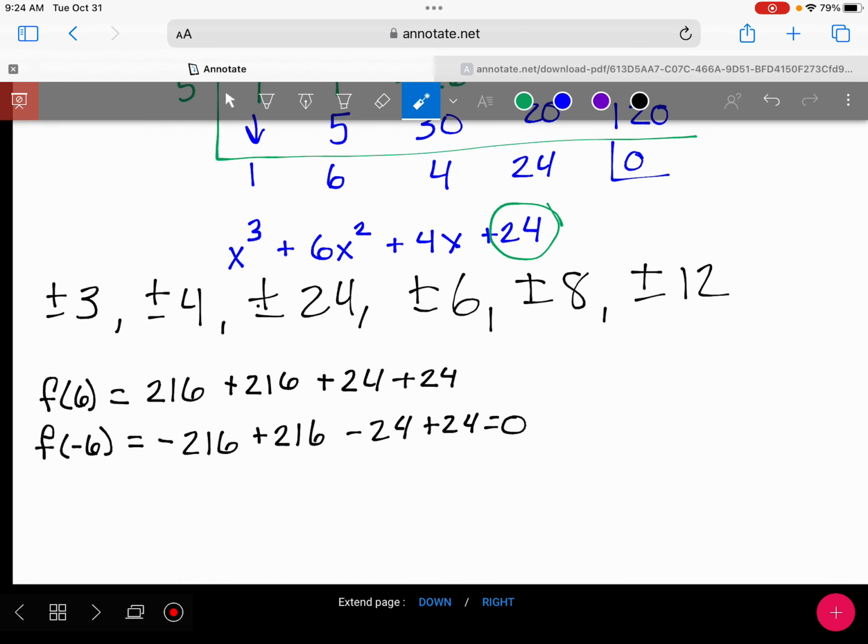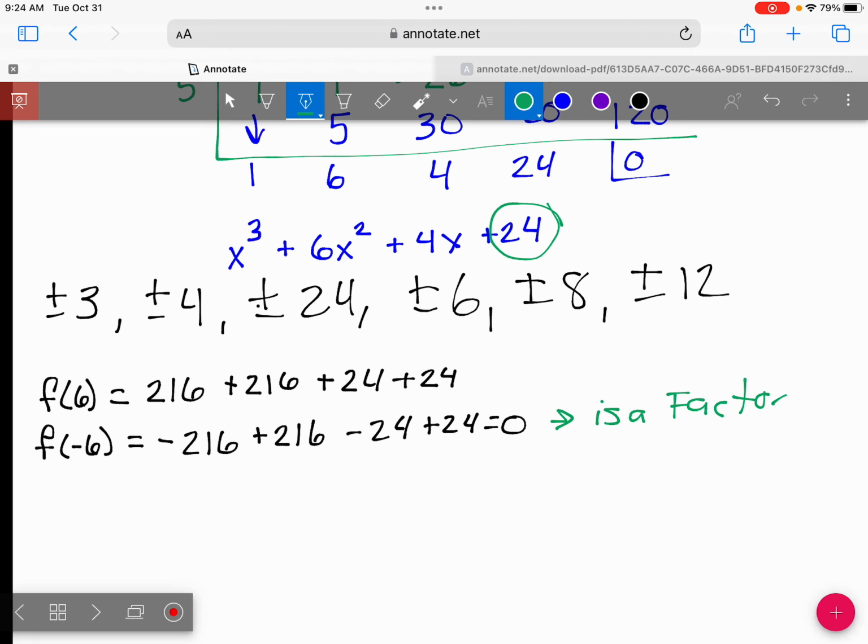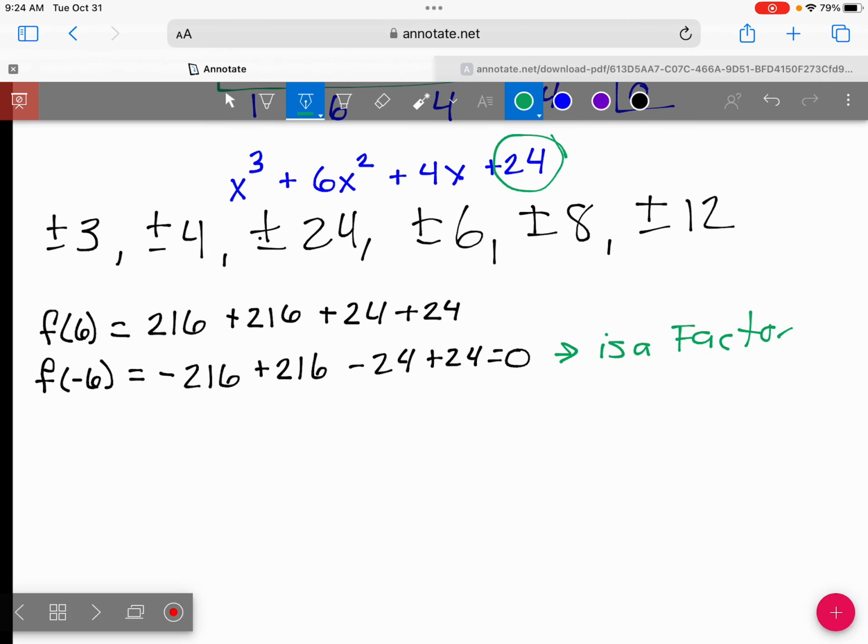All right, so then we've got -6 as a root. So we're going to divide it out. We're going to take our -6 root. The factor would be x plus 6. So we have our 1, 0, 4, 24.